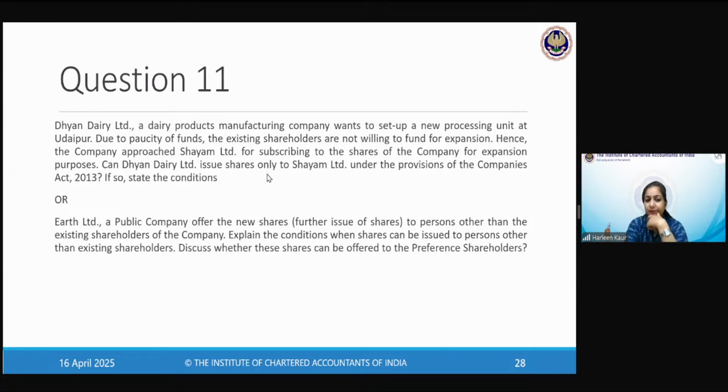Have you read the question? The company wants to set up a new process. Existing shareholders are not willing to fund for expansion. So the company approached others for subscribing the shares for expansion. Can Dhyan Dairy Limited issue shares only to Sham Limited or the Earth Limited, a public company, offer the new shares to persons other than existing shareholders? What are the conditions in which shares can be issued to persons other than the existing shareholders? Discuss whether these shares can be offered to the preference shareholders also.